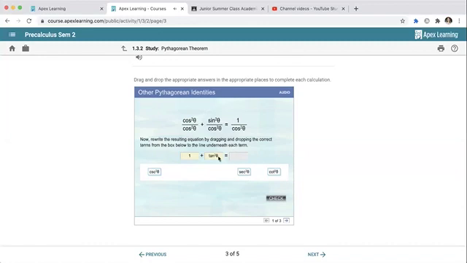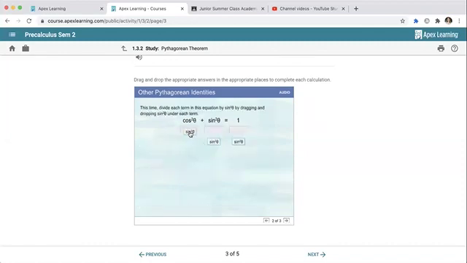So I've got tangent squared, and then I've got 1 over cosine squared. Well, that's secant, so I get secant squared. So this is another relationship here: 1 plus tangent squared gives me secant squared.